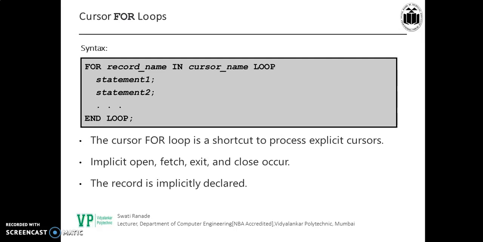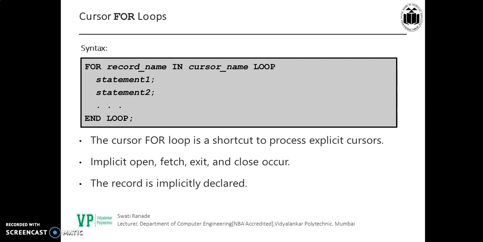Next is loop, then the statements to be executed, and then we have to mention end loop. This is how we can use the concept of a for loop for the cursor, and we can avoid the opening, fetching, exit and closing of a cursor operations explicitly, using the cursor for loop. The record is implicitly declared, and that record is nothing but our counter.